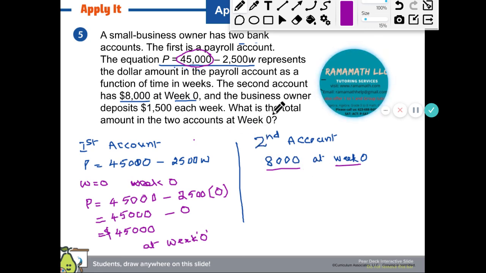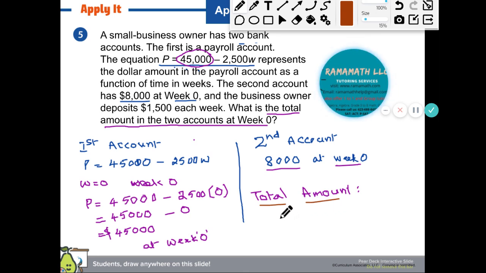So what they're asking is, what is the total amount in the 2 accounts at week 0? Total means, what do I do, add or subtract? Chat box, please. So the total means you add the amounts.